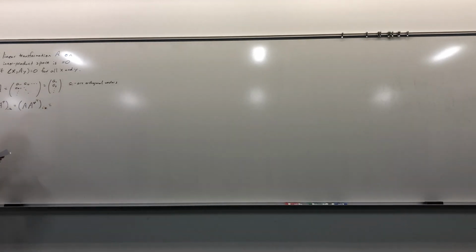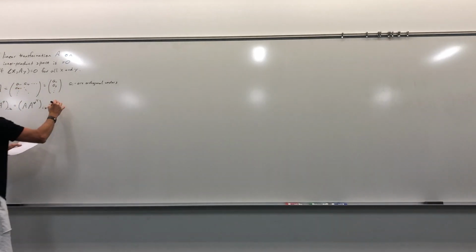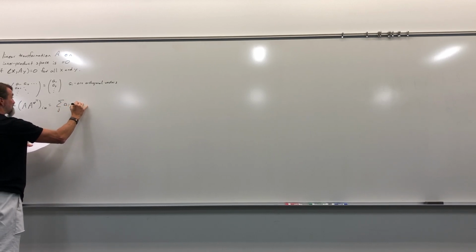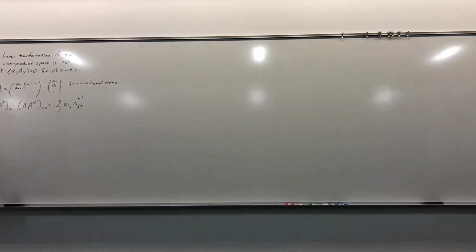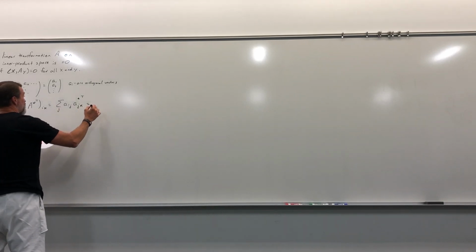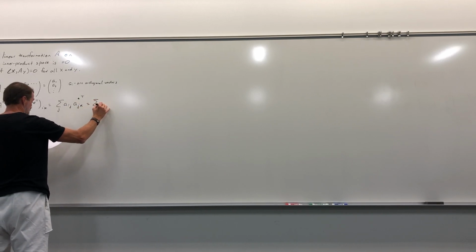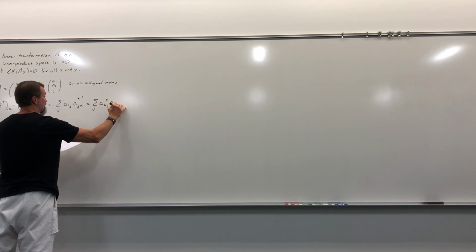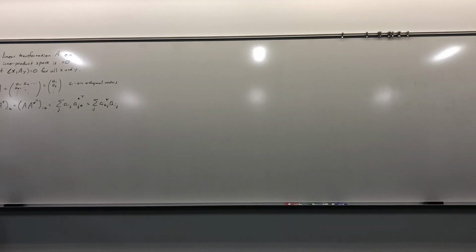Working in terms of the elements, this is the sum over j of a_ij times a_jk, star transpose. Now, to transpose an element, we just swap the indices. Rearranging these, this gives us the sum over j of a_kj star times a_ij.